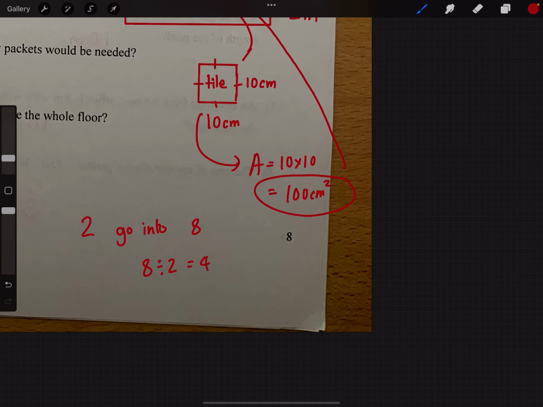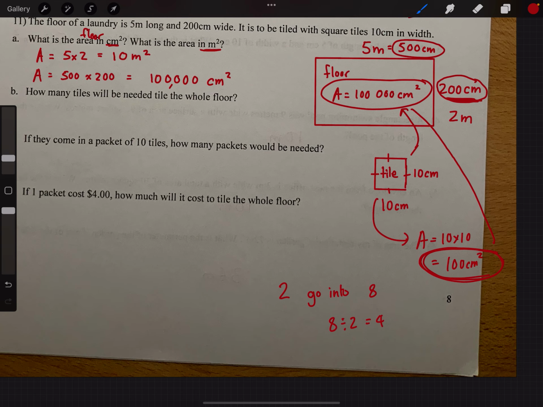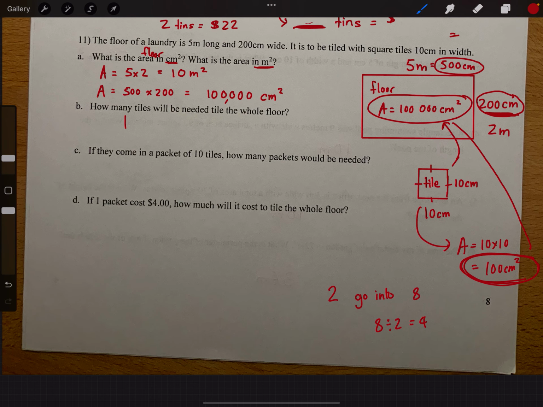So same thing here. How many of the 100 centimeters squared will go into 100,000? So we take 100,000 and we divide it by 100, just like the simple example.